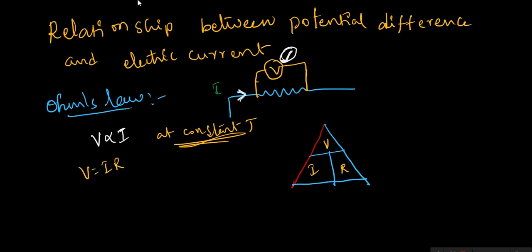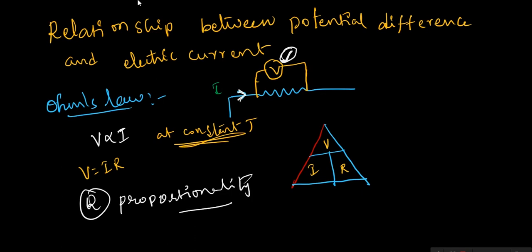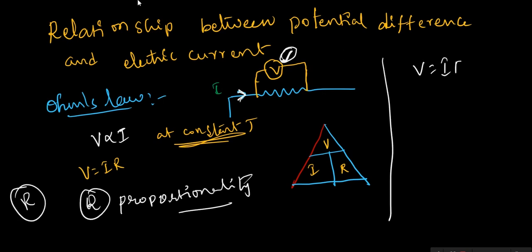R is the proportionality constant, because it is directly proportional, right? That is the reason we take R as a constant. So from this we can take V equal to IR.